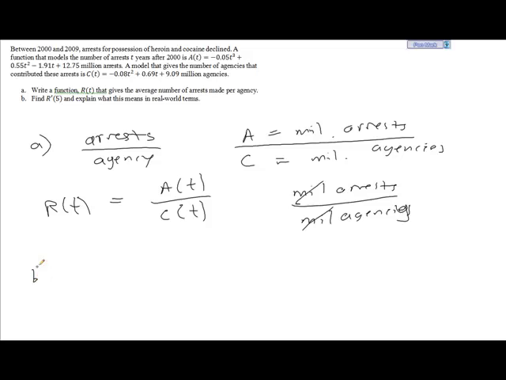In part B, we're going to need to find the derivative. Because we have a quotient, we're going to use the quotient rule.